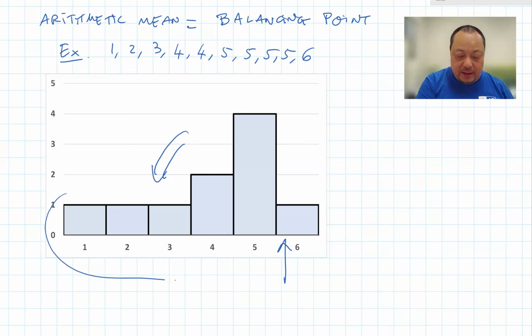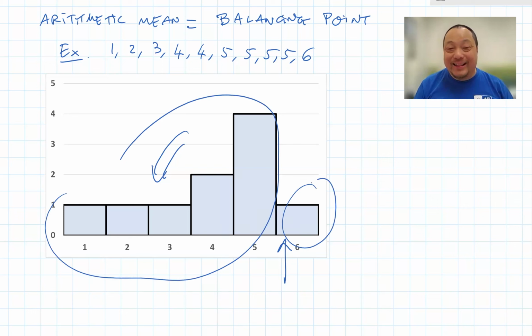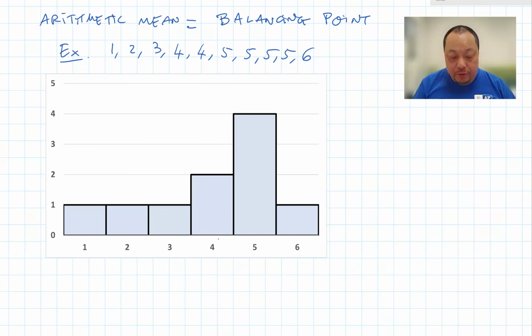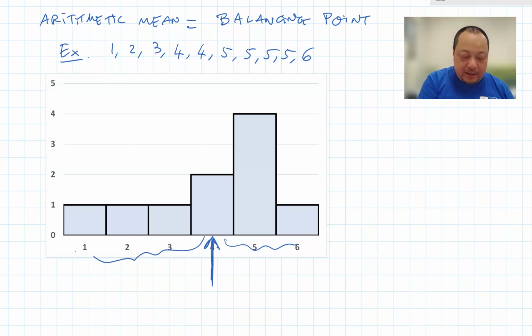Because this side is a lot heavier than that side. You can actually cut out a piece of wood and see where the balance point is. But I think in your life, you have tried to balance things a lot already, that you feel like it ought to be around here somewhere, where this side feels like it would balance out that side.